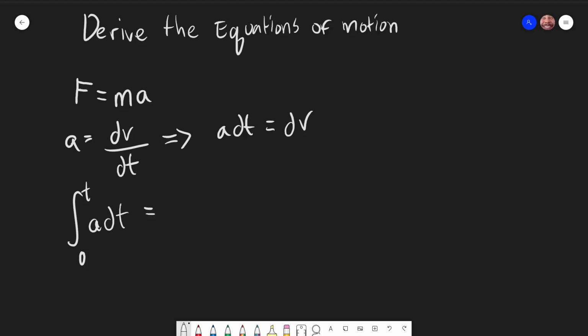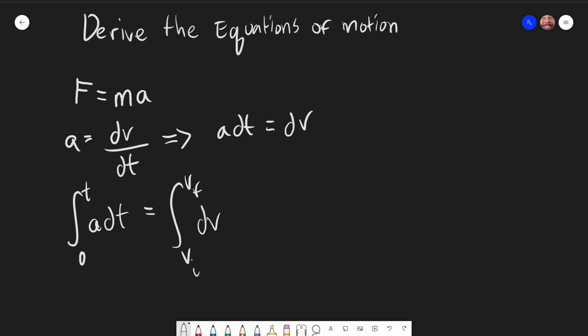That's equal to the integral of our rate of change of velocity, integrating from some initial velocity to some final velocity.